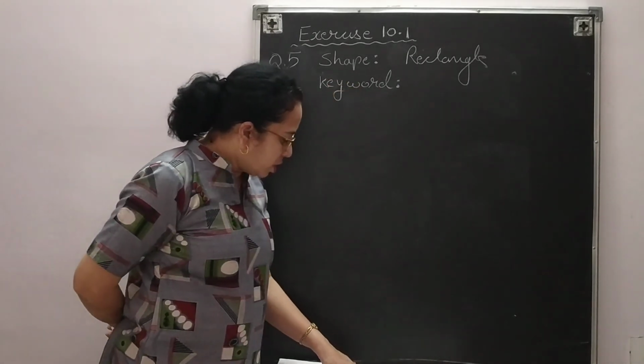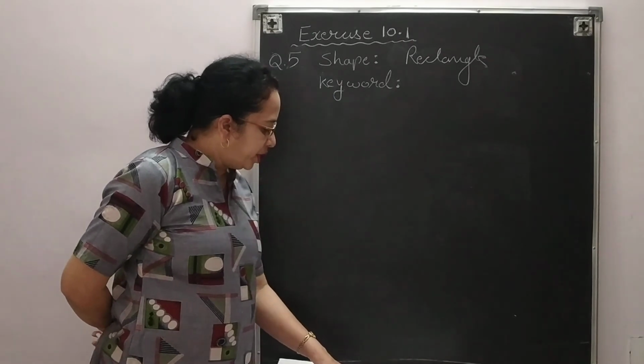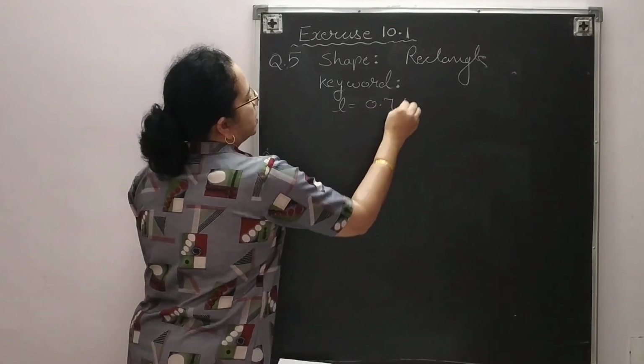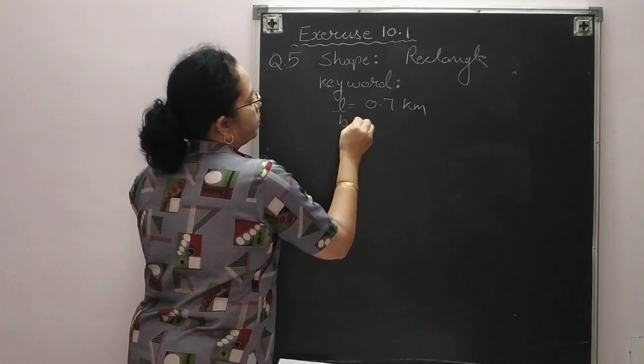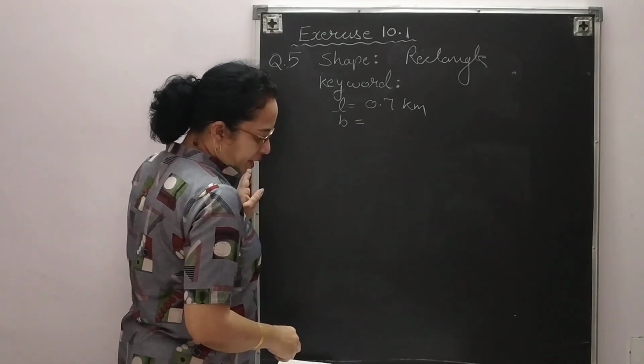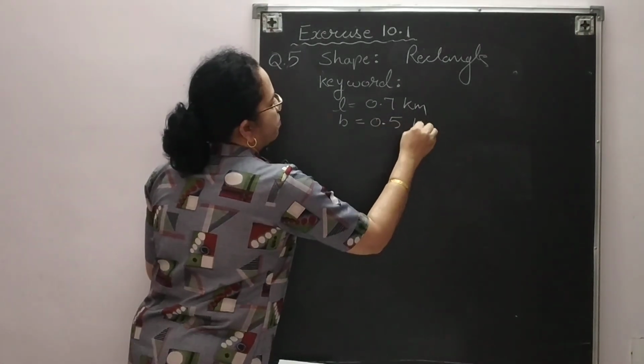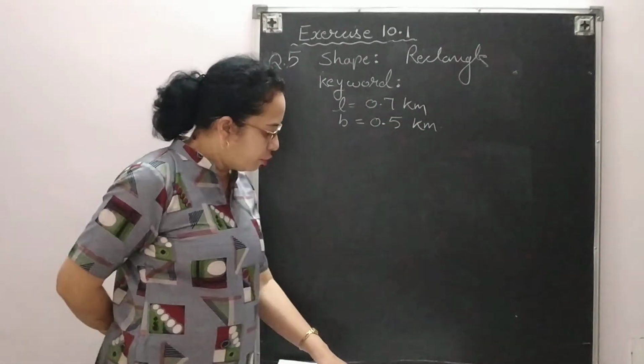Okay. So a rectangular piece of length measures 0.7 kilometer by 0.5 kilometer. So breadth is given 0.5 kilometer.